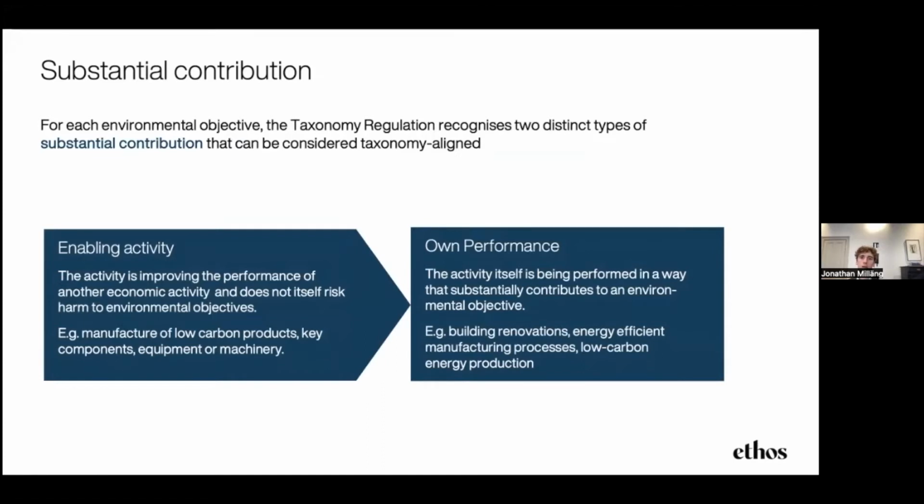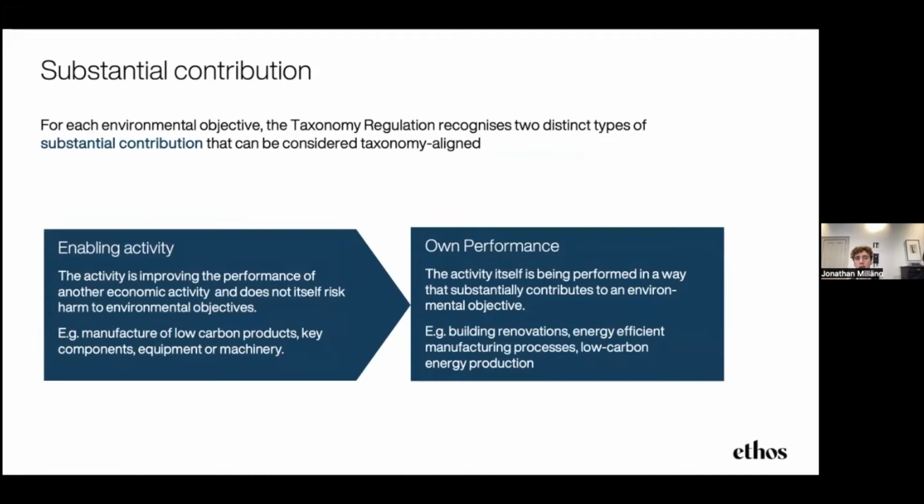If we want to break these activities down, as we said, we have cement, we have steel, we have production of solar and wind. They are basically partitioned into one that is an enabling activity, and the other that is own performance.